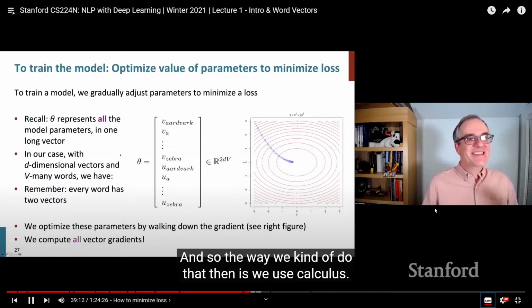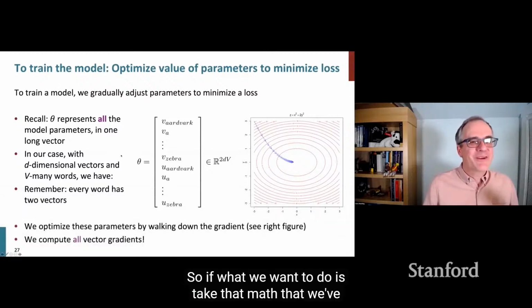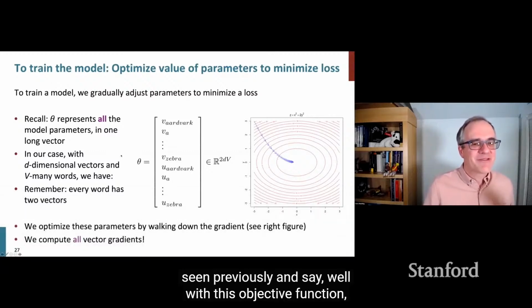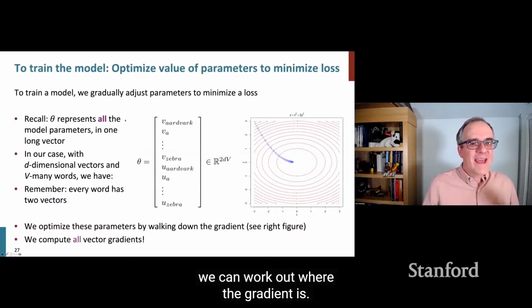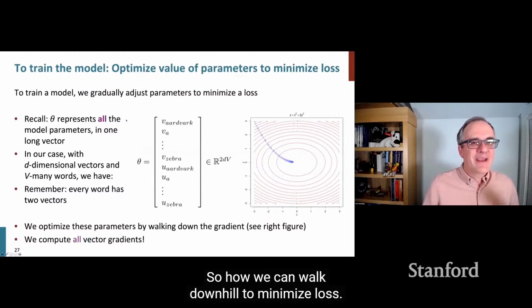And so the way we're going to do that is we use calculus. So we want to take that math that we've seen previously and say, well, with this objective function, we can work out derivatives, and so we can work out where the gradient is, so how we can walk downhill to minimize loss.